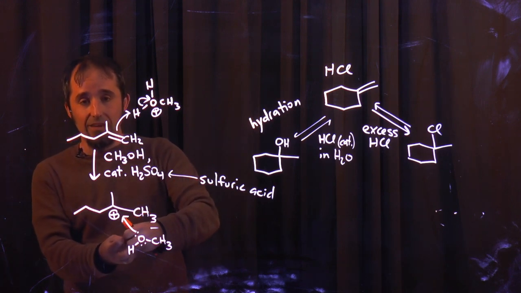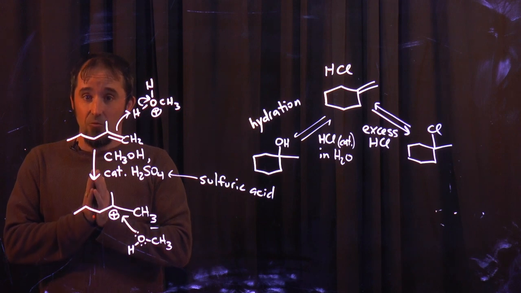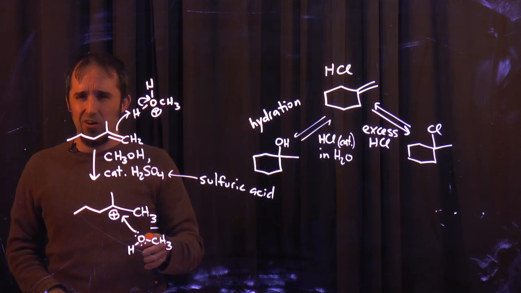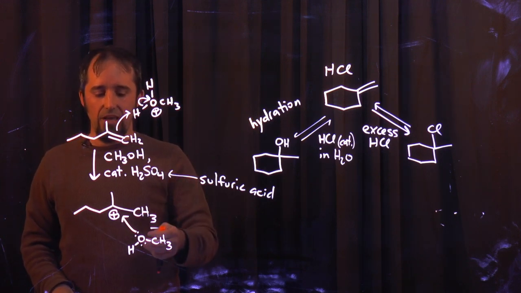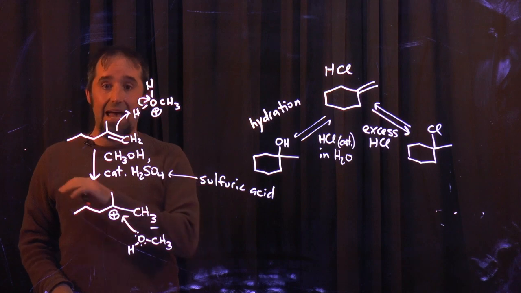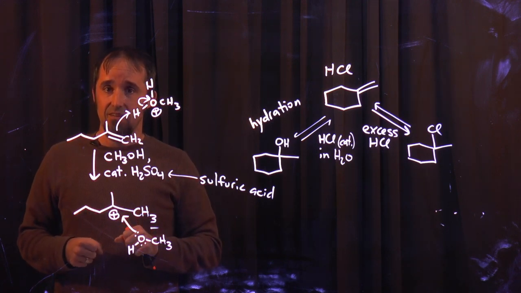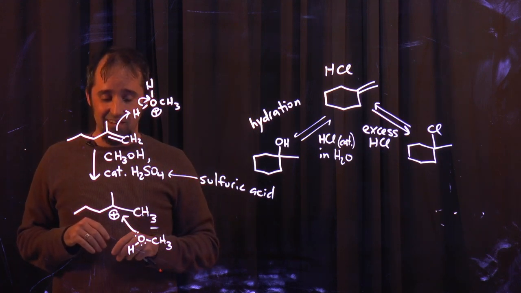Do I need to break this OH bond first before I do that? Please don't, right? In strong acid, the last thing that's happening is for me to make strong base, right? So if I've got strong acid in the pot, there's no way there's O- in there at all, okay? So don't mix strong acids and strong bases, even on a chalkboard or whiteboard, much less in real life.